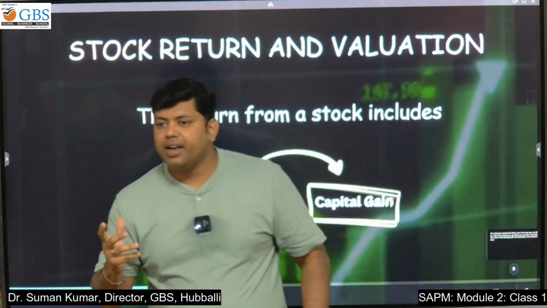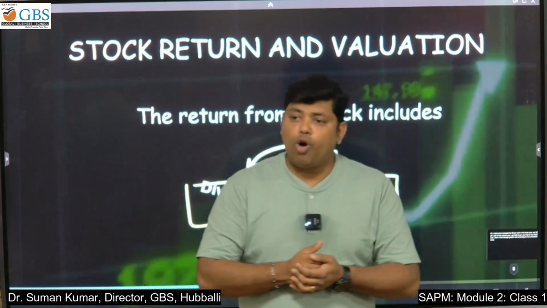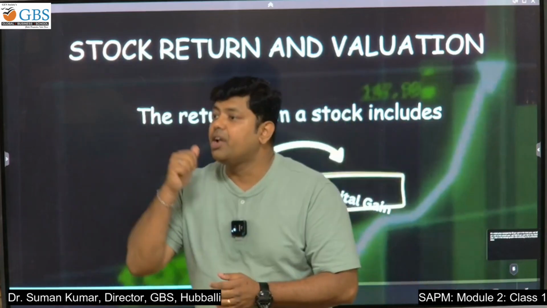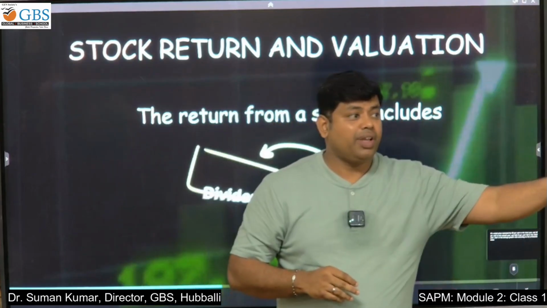Then what is the second? Capital gain. What do you mean by this? In our example, you bought the Reliance Industry share for 3,000. The market value changes every day.